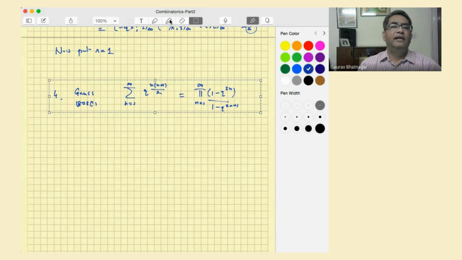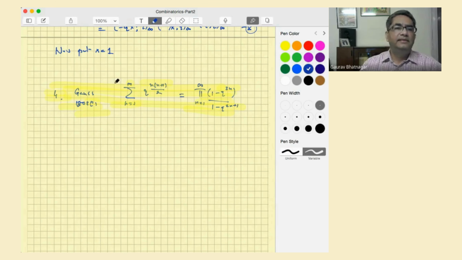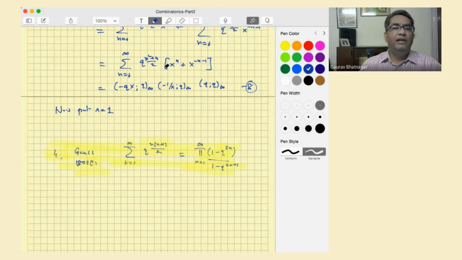So I should highlight this. This is what we want. That's it. So you put x equal to 1. This side is okay. You get 2 over here.